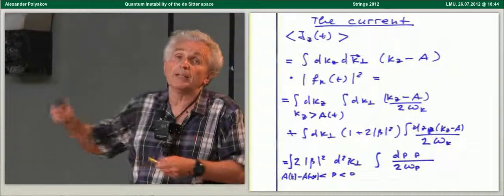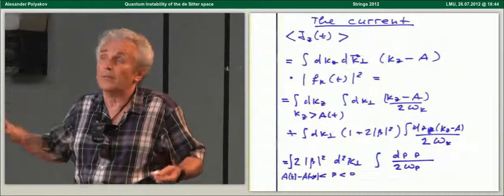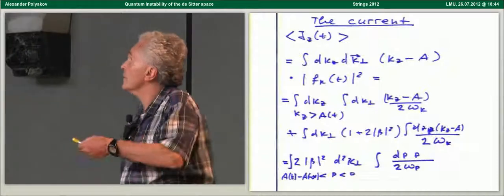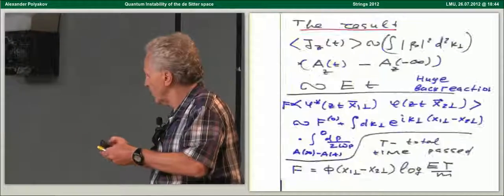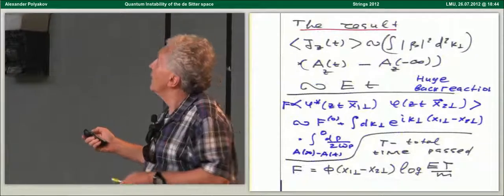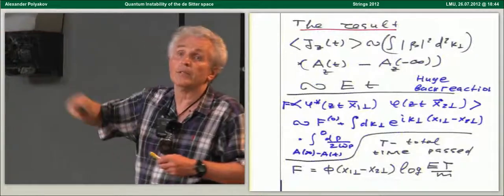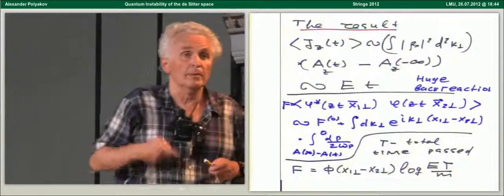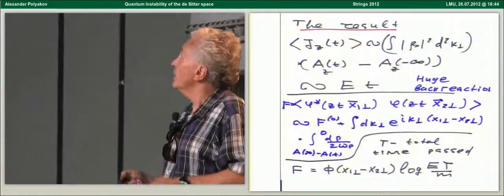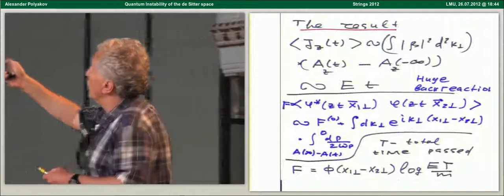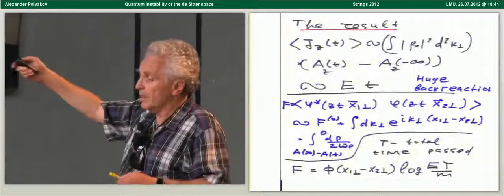So one would expect that the current is either zero or constant or something. That's not what happens. The current is proportional to time, so the symmetry of the problem gets broken. And I will interpret it in a moment.